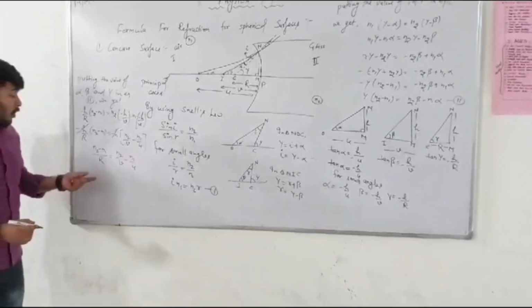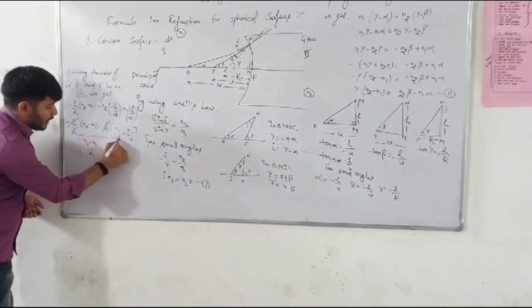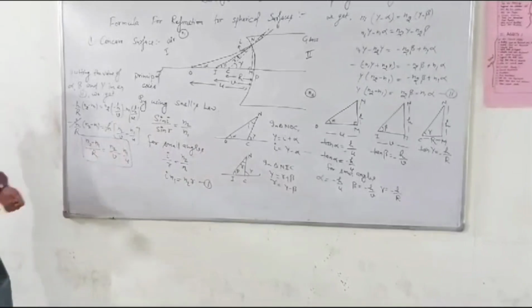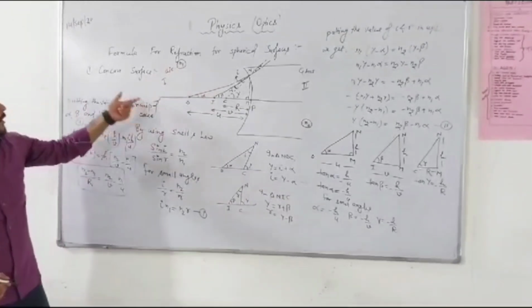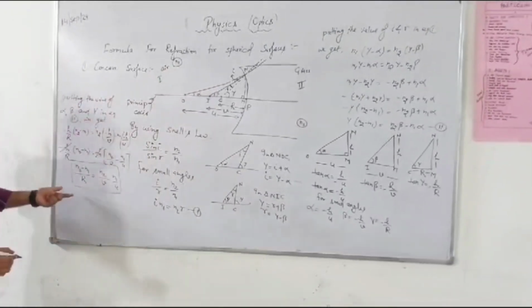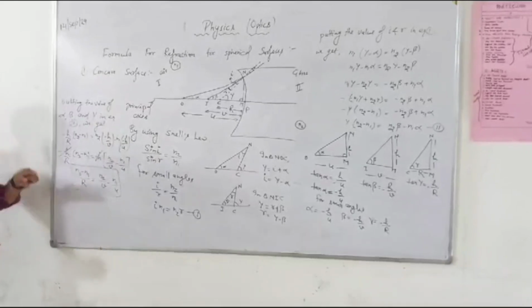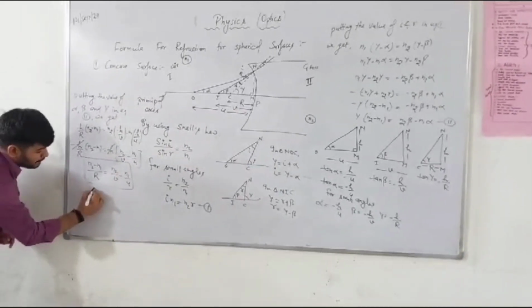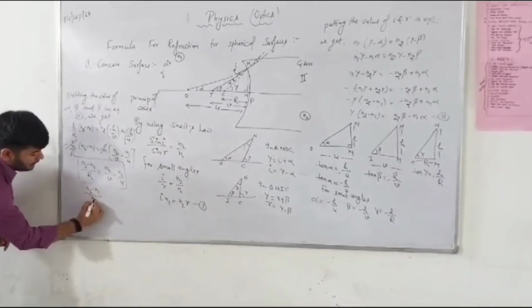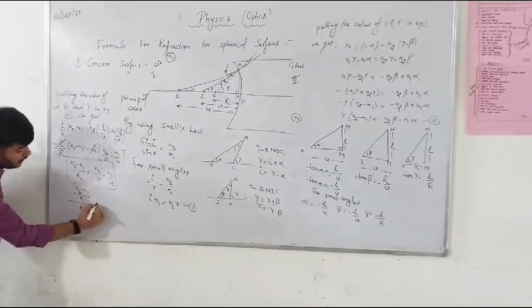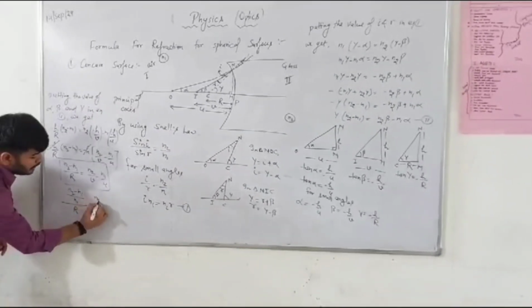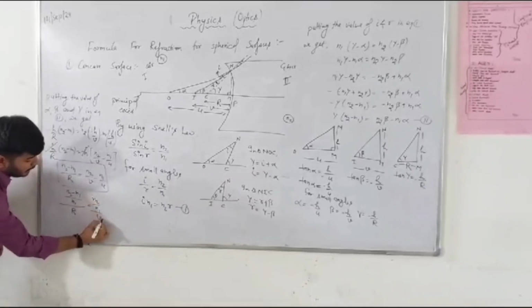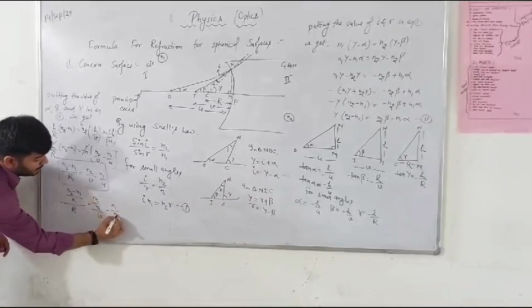To conclude, this is our formula for refraction at a spherical surface for a concave surface. We can also convert it into another form by dividing the complete equation by N1, like N2 minus N1 divided by N1, upon r equals N2 divided by N1 upon v minus N1 divided by N1 upon u.